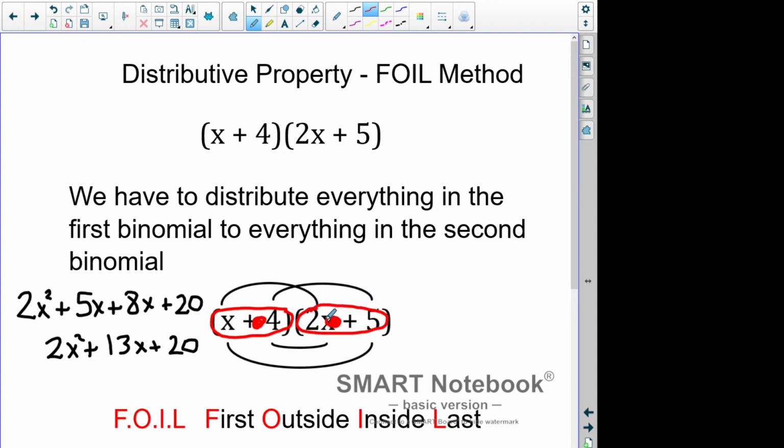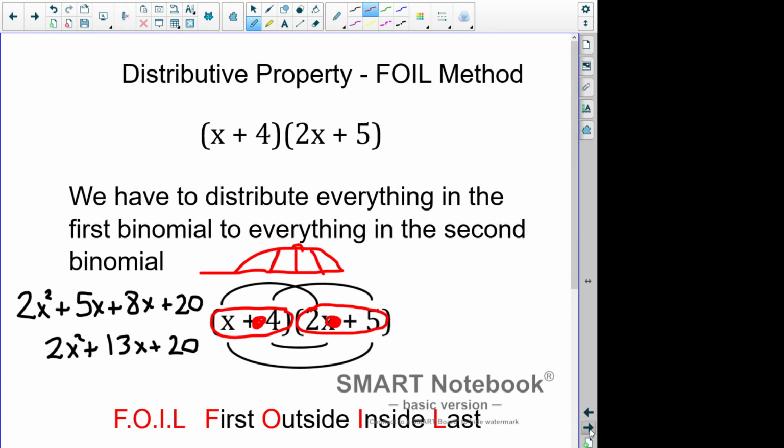You got a nose and a smile, and you got a little hat on him if you want, Mr. FOIL. That was when I was in high school in the 80s. Now, talking about Mr. FOIL, I was like, well, that's kind of sexist, right? It could be Miss FOIL, it could be just FOIL, right? Anyway, that's a way that I've always remembered it, looking at that face and remembering it that way.